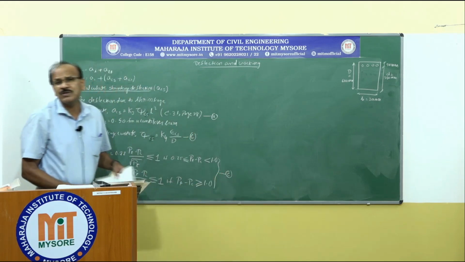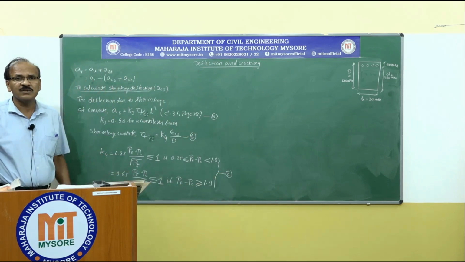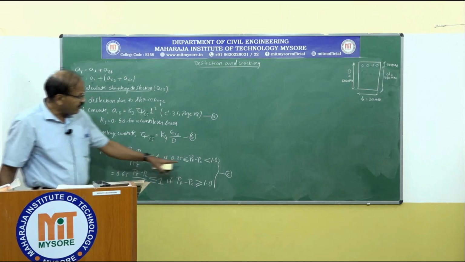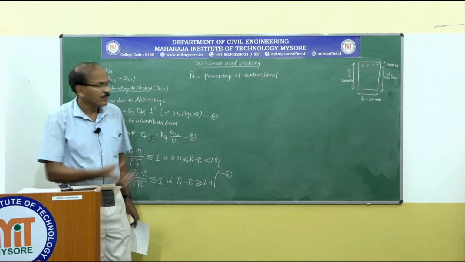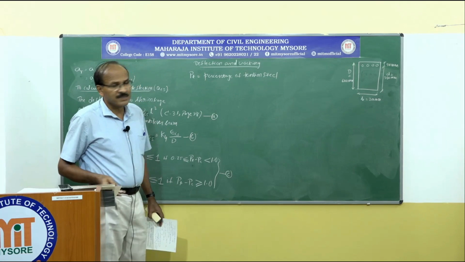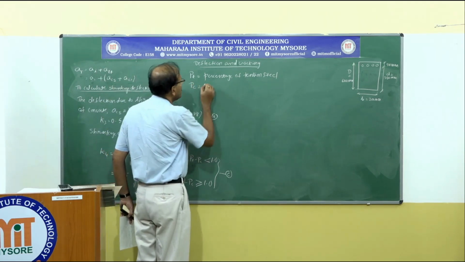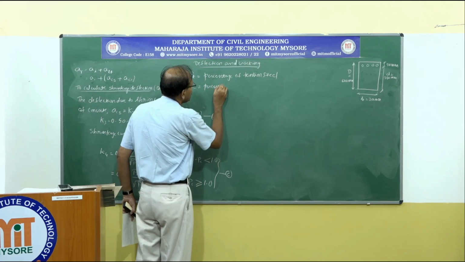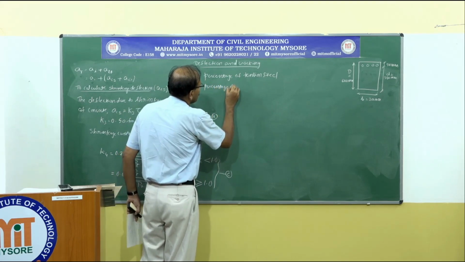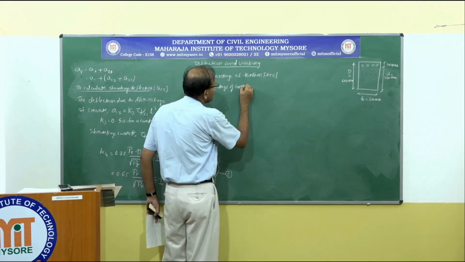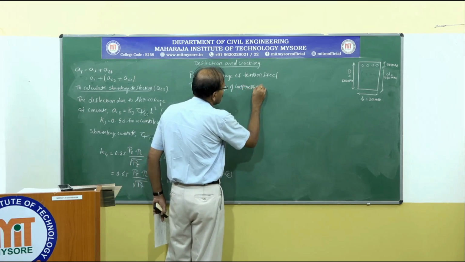I am going to make use of only one of those two equations. That depends on the value of PT minus PC. PT is the percentage of tension steel and PC is the percentage of compression steel.